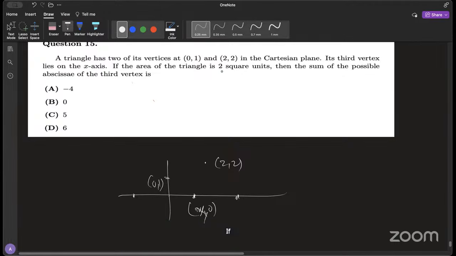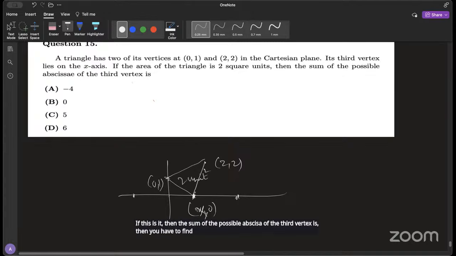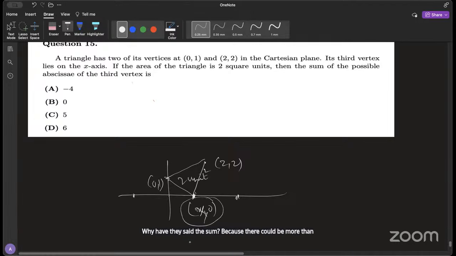If the area of the triangle is 2 square units, then the sum of the possible abscissa of the third vertex is... you have to find the sum. Why have they said the sum? Because there could be more than one point possible such that the area of this triangle is 2 units.